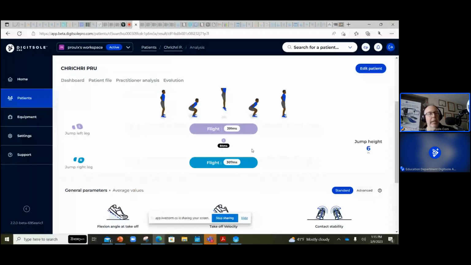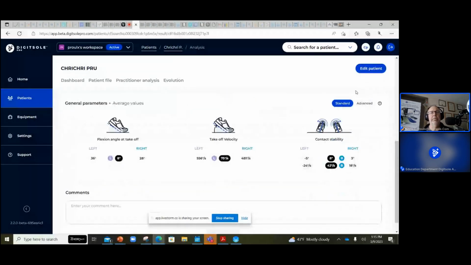Okay. And you get jump height. There is normative data in jump height, and that normative data is typically going to be related to a sport, and it's also related to the level. For example, for high school football players, there's some average data for how high they can jump, even at some of those lower levels, and then at university, and then at the professional level.